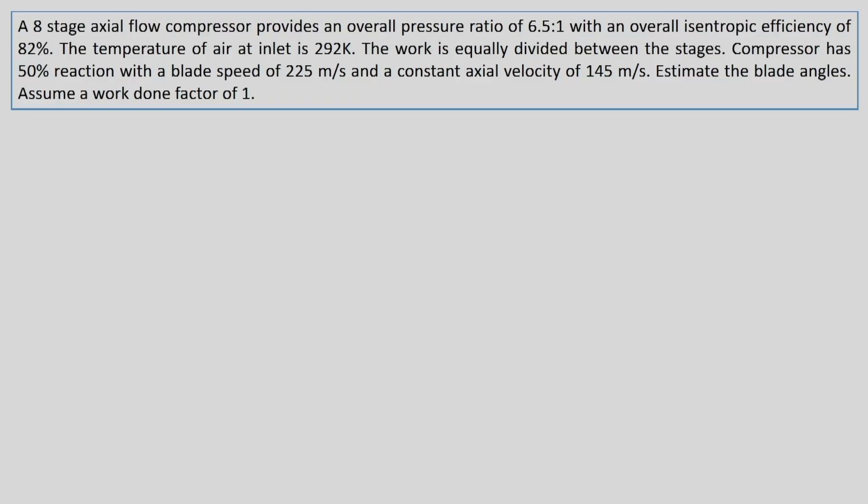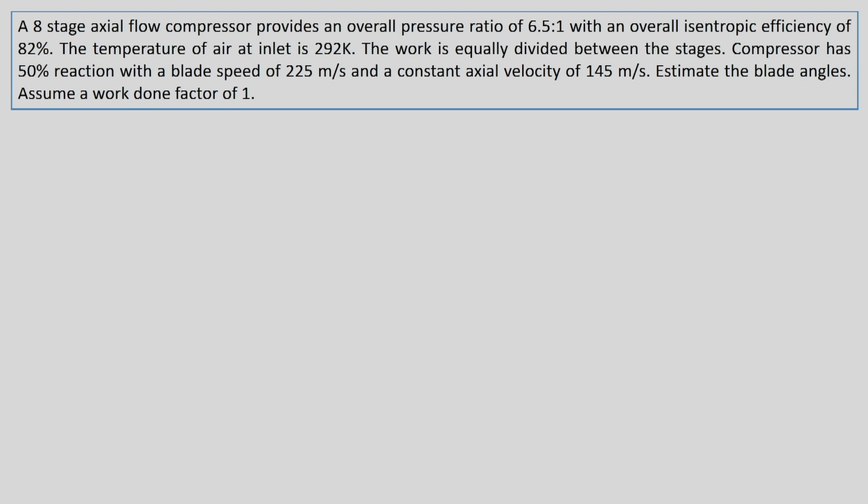Let us proceed with some more examples for practice. We are seeing some examples here. The first example states that an 8-stage axial flow compressor provides an overall pressure ratio of 6.5:1 with an overall isentropic efficiency of 82%. The temperature of air at inlet is 292 Kelvin.